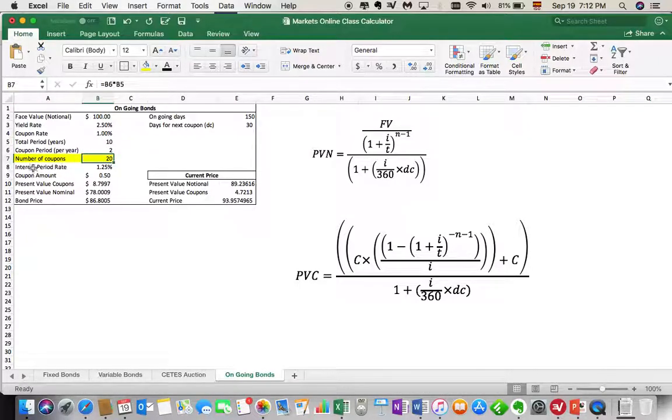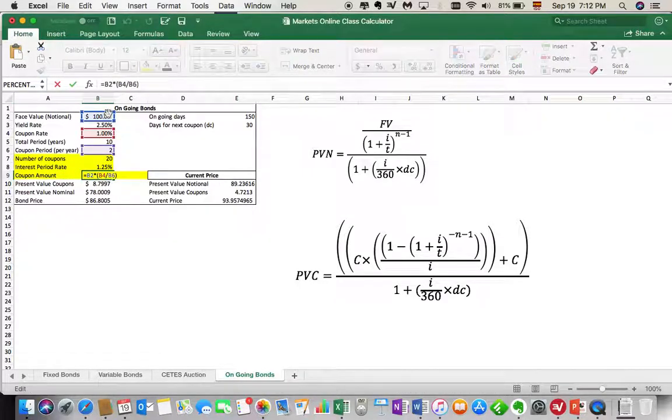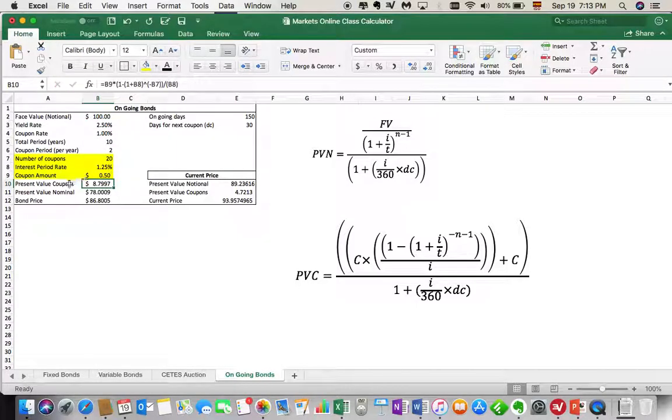Interest period rate is your yield rate over the coupons per year, so the 2.5 over 2. Coupon amount is your face value multiplied by your coupon rate over the coupon period. So this is how much money you receive every semester per bond, okay?